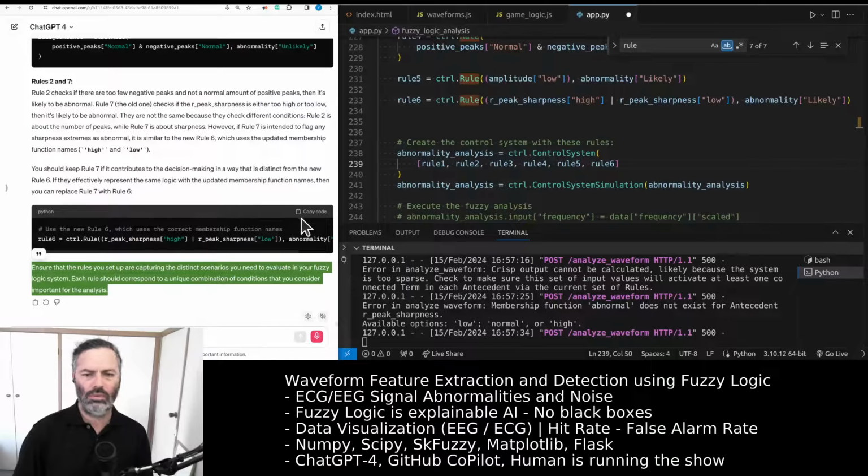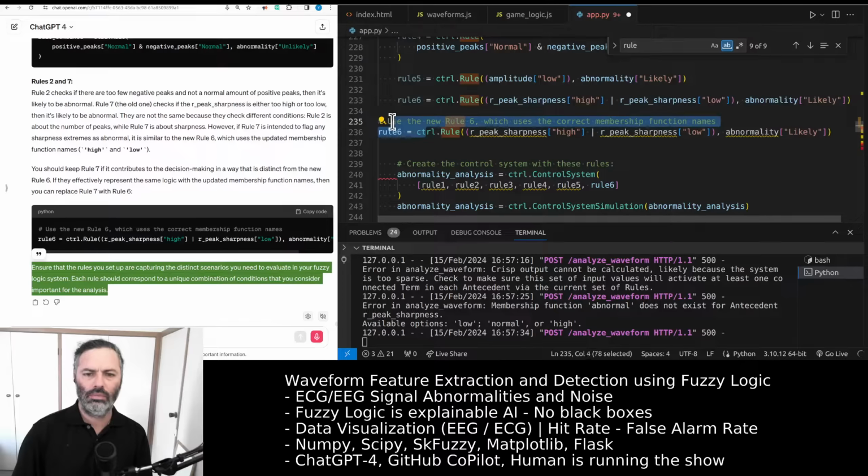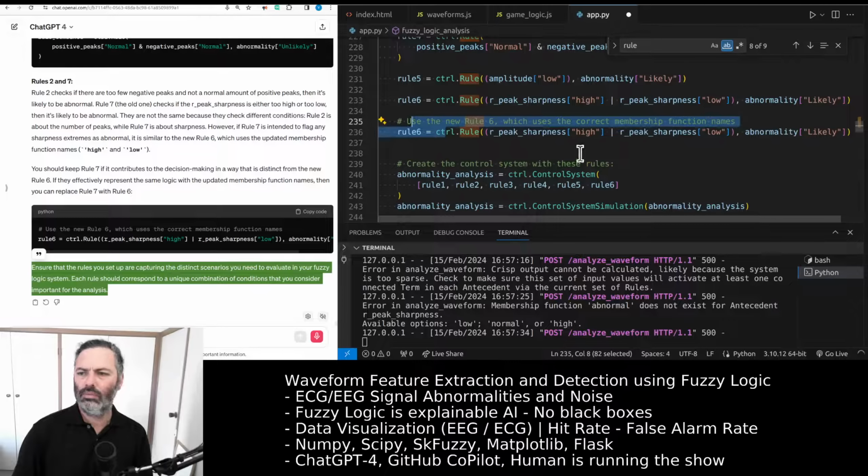Ensure that the rules you set up are capturing the distinct scenarios you need to evaluate in your fuzzy logic system. Each rule should correspond to a unique combination of conditions that you consider important for the analysis.